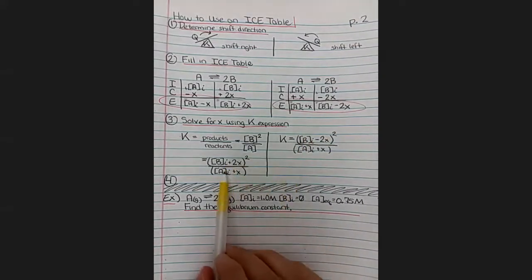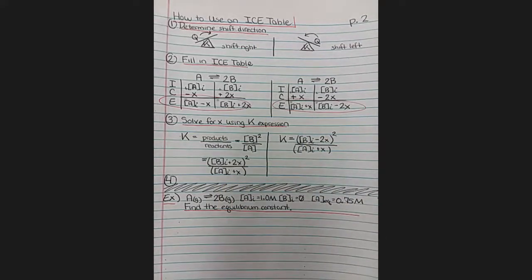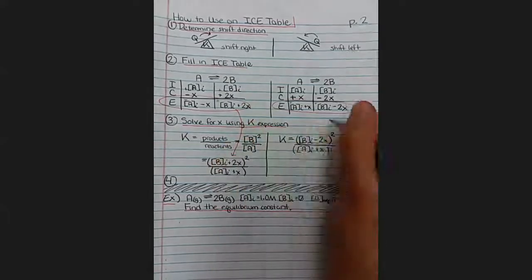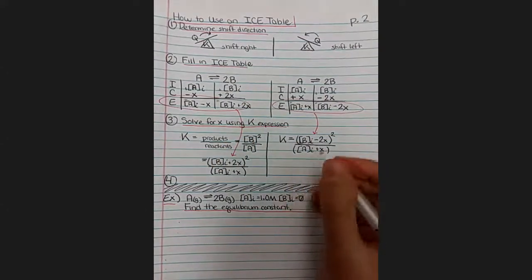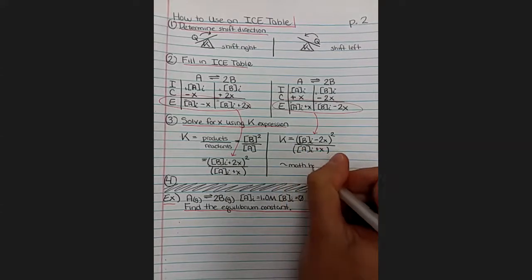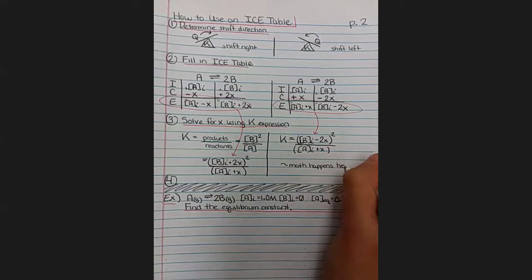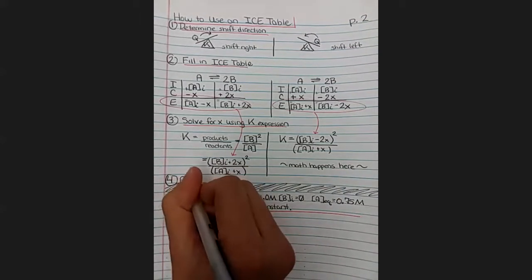So again, your K constant is going to look different depending on what you put in your E line. So everything from the E line is going to get substituted in your K expression. And there's going to be math that is going to happen because this is a quantitative problem. More on that later.